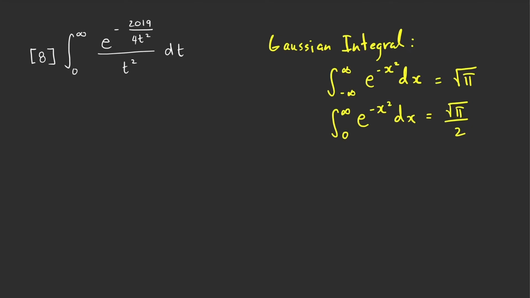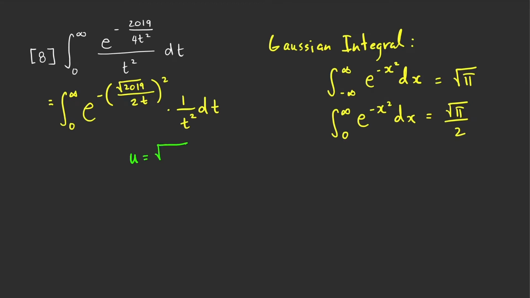Because we can write it down as the integral from 0 to infinity of e raised to the negative of the quantity square root of 2019 all over 2t, squared, times 1 over t squared dt. And as you can see, if we let u be equal to this expression inside the parenthesis, square root of 2019 all over 2t, then our du is equal to negative square root of 2019 over 2t squared dt.